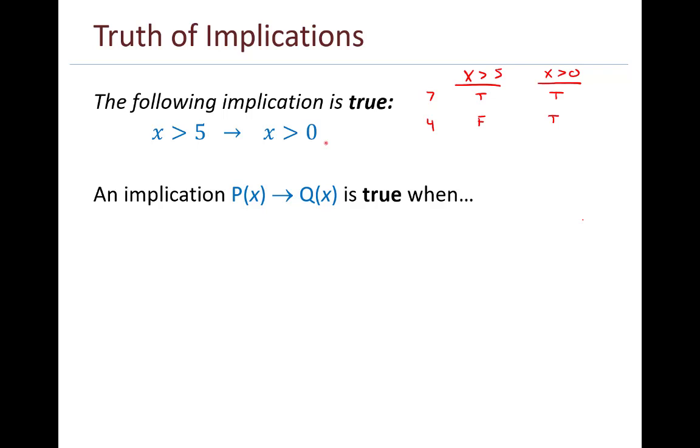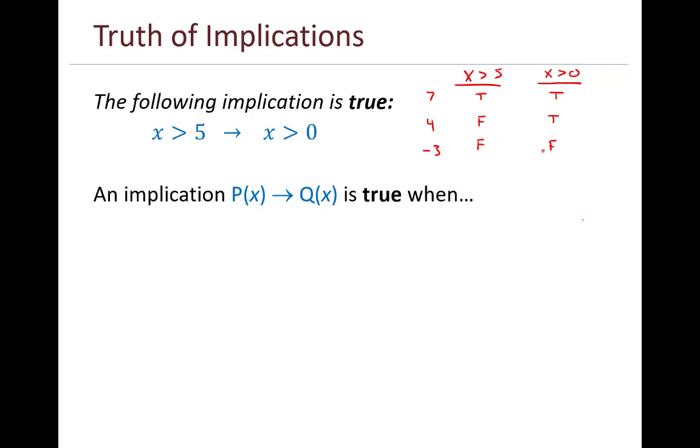What else could I have? I could have the number -3, which makes my hypothesis false, but also the conclusion false. So it's kind of curious. For different values of x, this implication could read true implies true, false implies true, or false implies false.